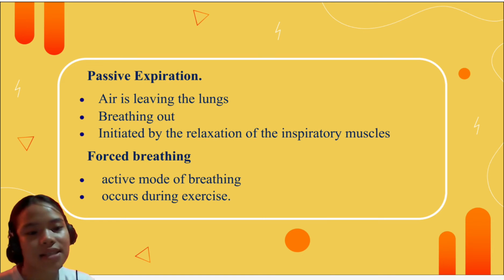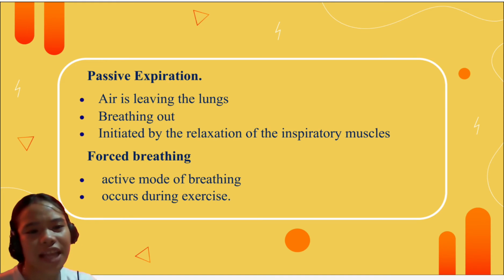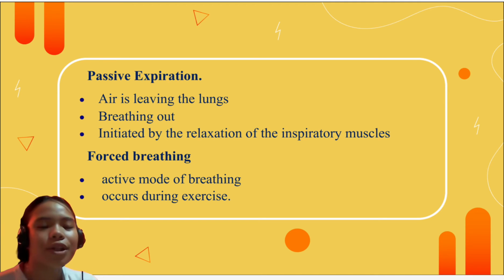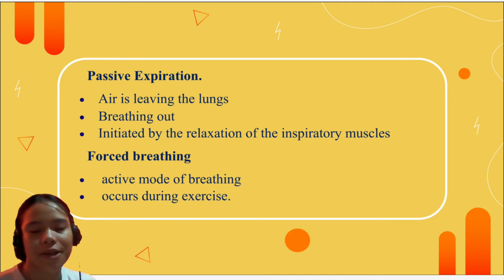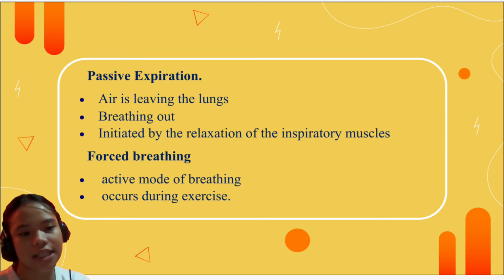Next, we have the passive expiration, which means air is leaving the lungs, so we breathe out. It is initiated by the relaxation of the inspiratory muscles. The relaxation of inspiratory muscles results in a decrease in the volume of the thoracic cavity. The elastic recoil of the previously expanded lung tissue allows them to return to their original size.